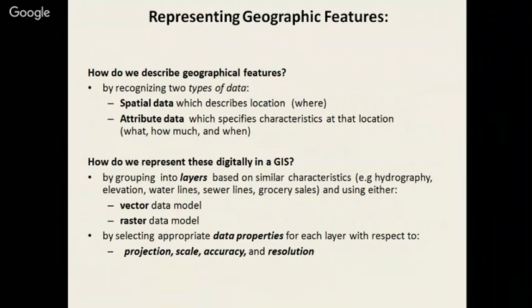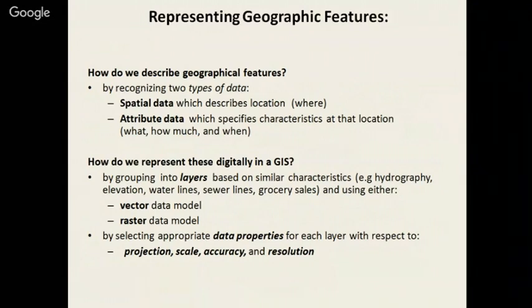So how do we represent these geographical data digitally in the GIS? It is basically a model of storing the information of the real world.